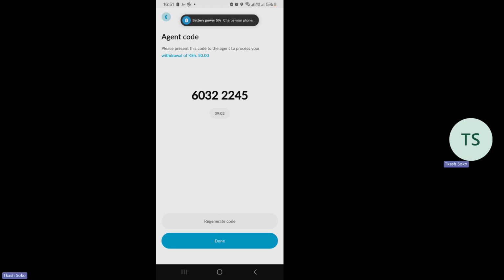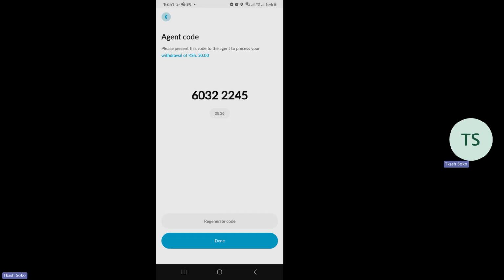Okay. So how many are they in the country? And so how easy is it for you to access your money? There are over 40,000 agents combined. So nikiweka agents wa Tcash na agents wa KCB pamoja, in total there are over 40,000 agents.